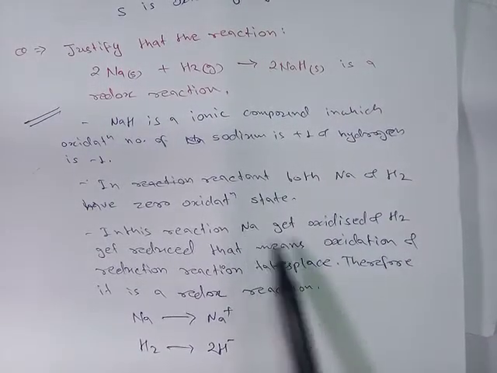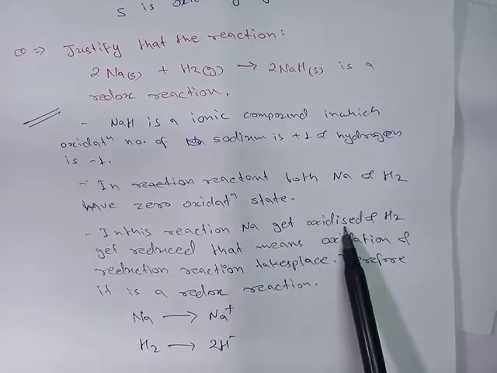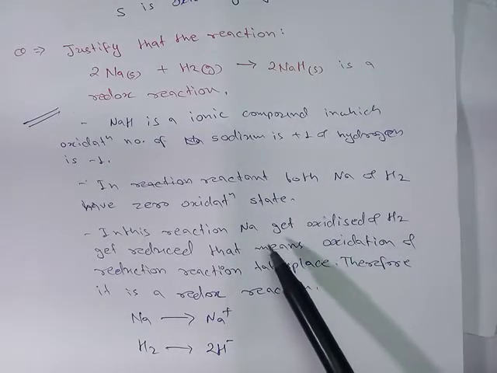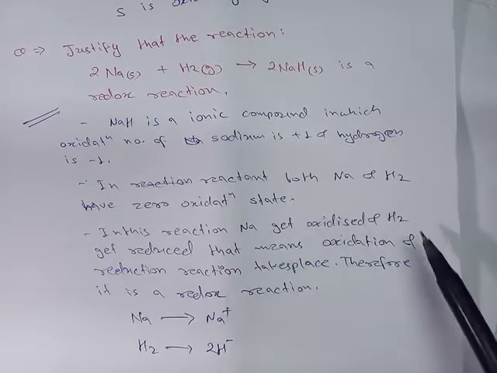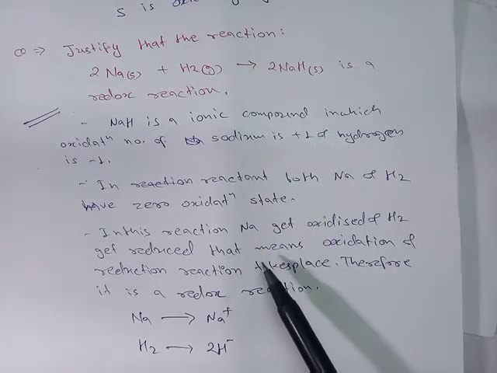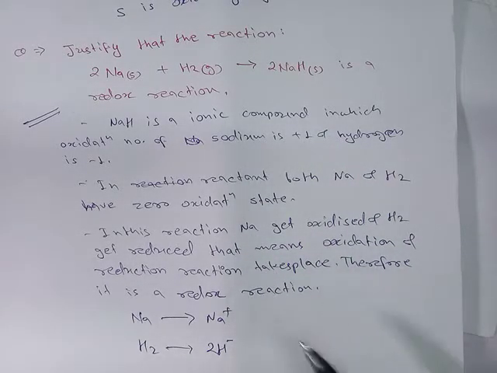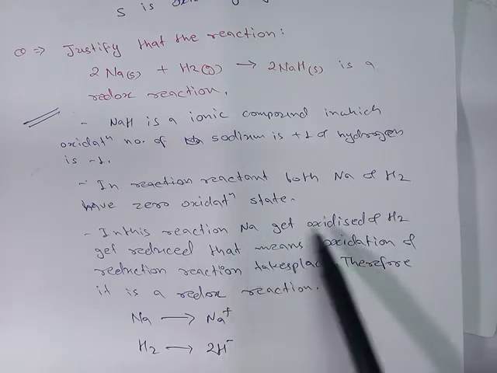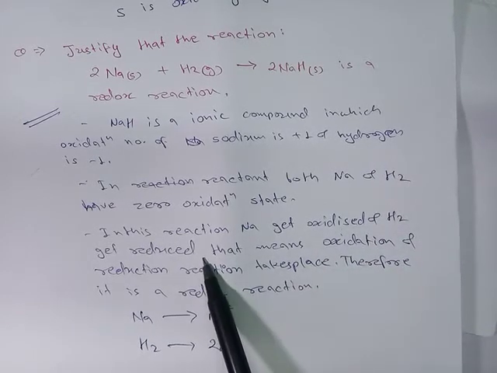In this reaction sodium gets oxidized, meaning sodium loses electrons. According to the above definition, any species which loses electrons is known as reducing agent, and hydrogen gets reduced. So we have justified that oxidation and reduction take place: oxidation of sodium and reduction of hydrogen.